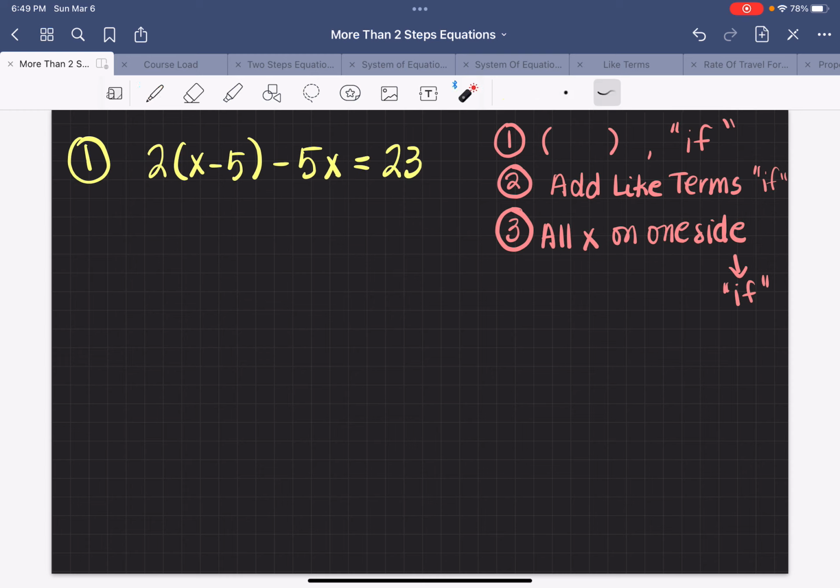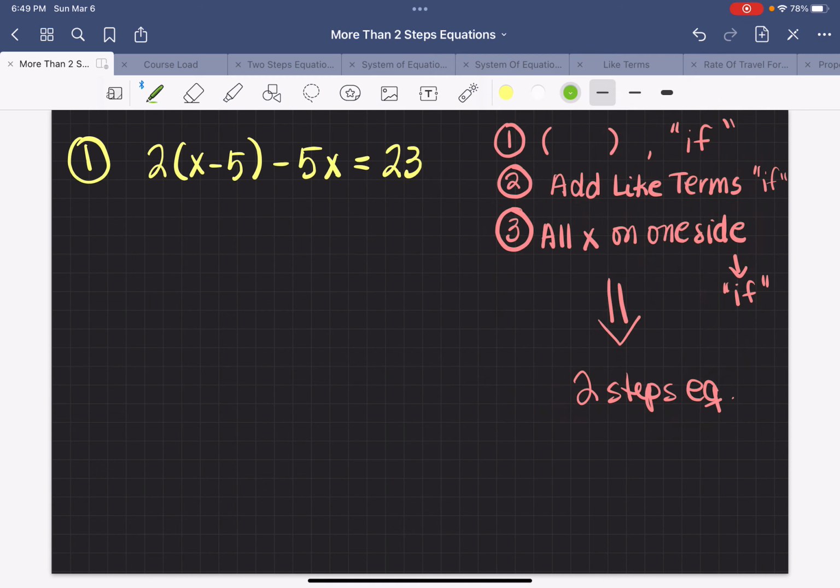As you can see in this equation, you only have x's or variables on the left side, so you won't do this third step in this equation. No matter what, if you follow these 3 steps, you will end up with a 2-step equation and sometimes even a 1-step equation. Okay, so let's start solving this equation.